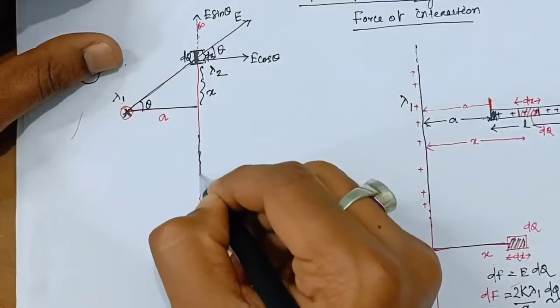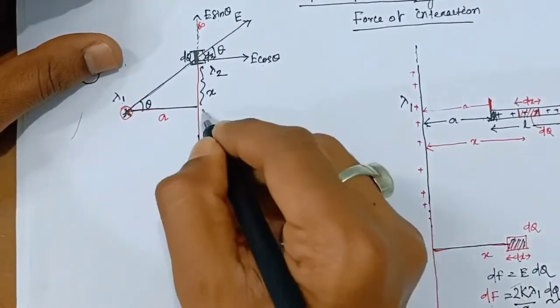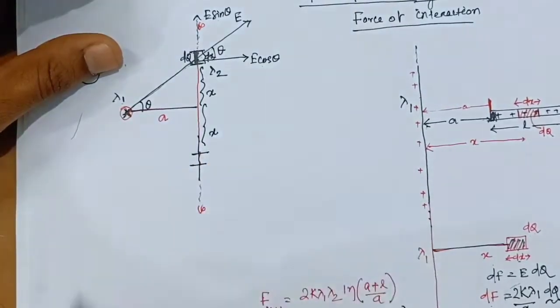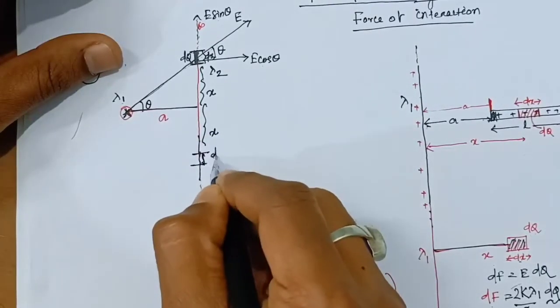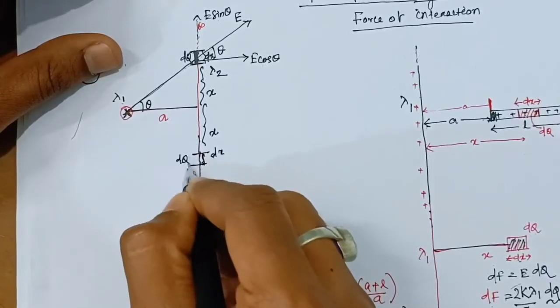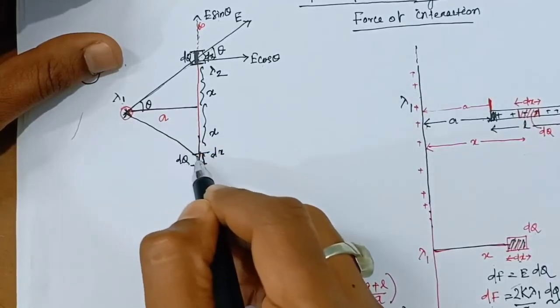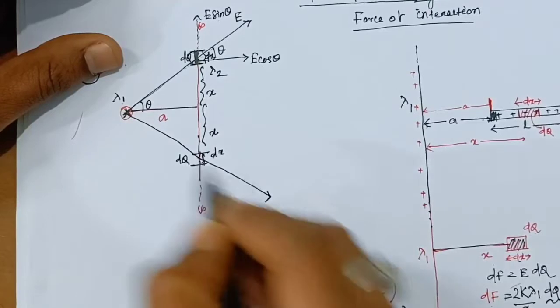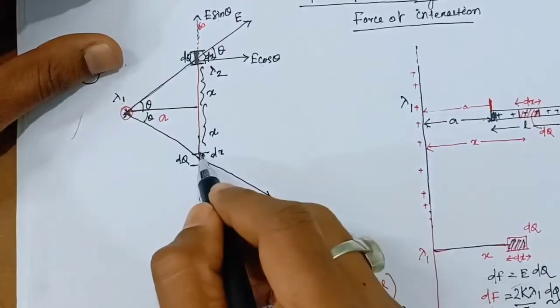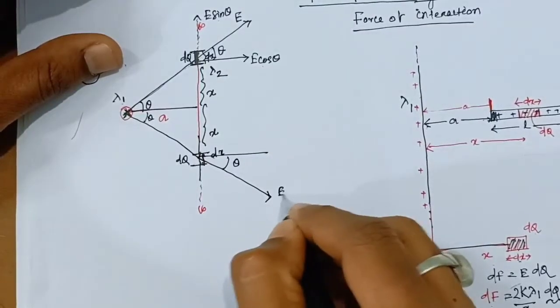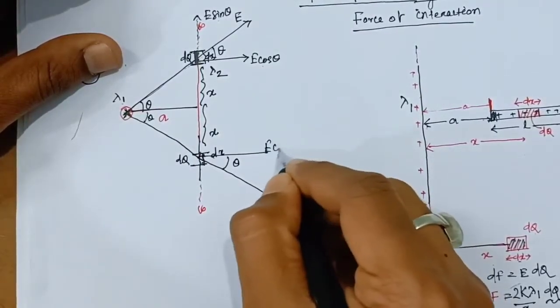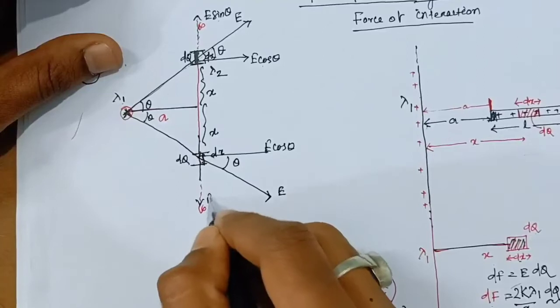Similarly, if I consider one element here at a distance of x, the elementary length is dx and charge is dq, and I draw the scenario, the electric field will go like this, and this angle is also theta. So this is E, this one is E cos theta, and this one is E sin theta.